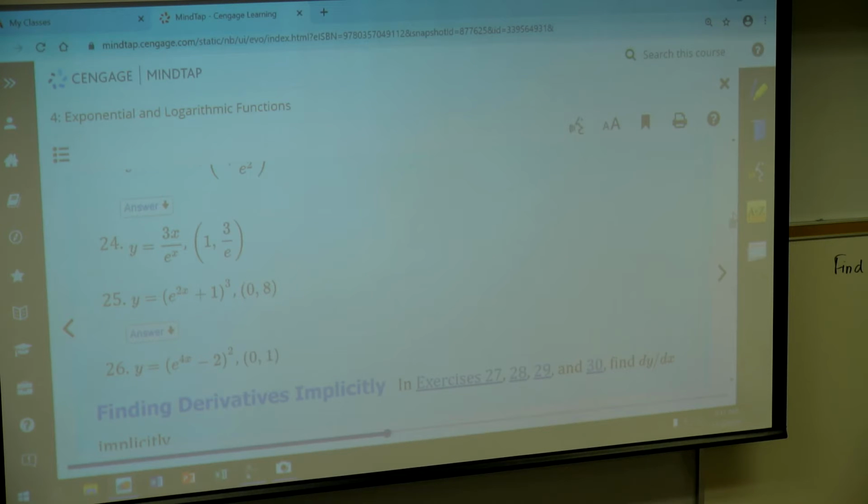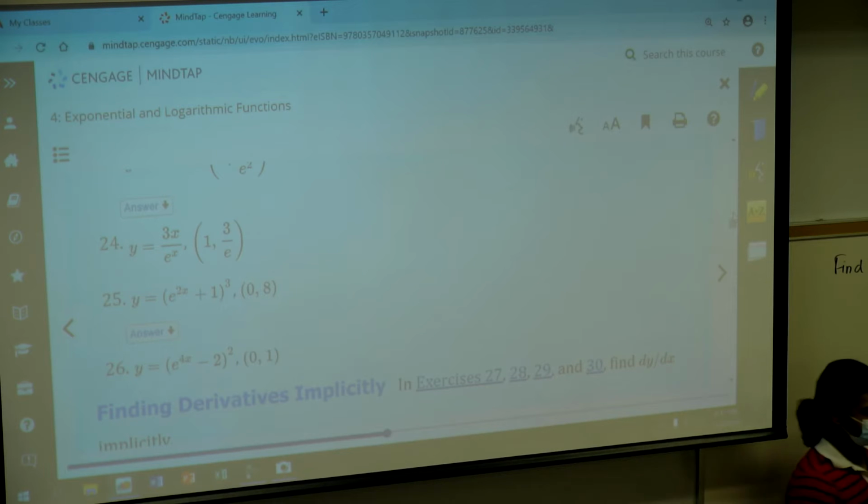Whatever we have is a function here, and we're squaring that function, so we have to use the chain rule. If I treat whatever is inside as x, what is the derivative of x squared? 2x. So 2, whatever I have inside, which is not x but e raised 4x minus 2.